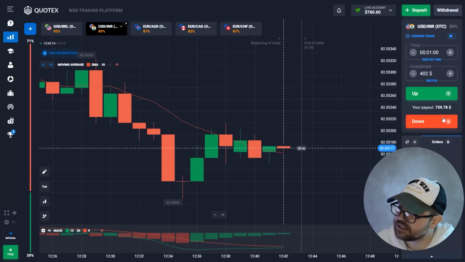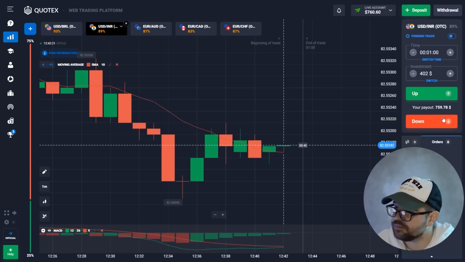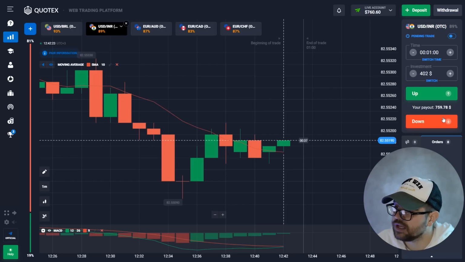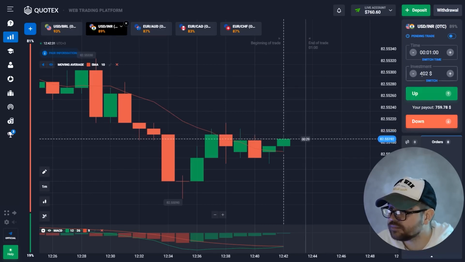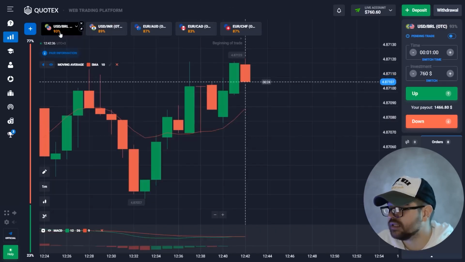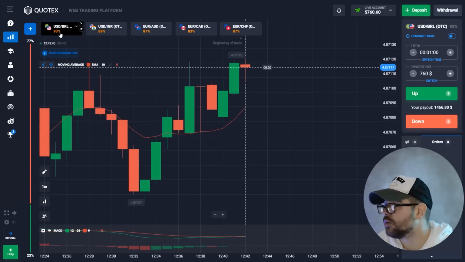That's a good indication that the market after this is going to go up instead of down. So maybe we were lucky. You see it's trying to break it again, but I would wait a little bit more just to be sure that it's going up, and then I would place a call option there.